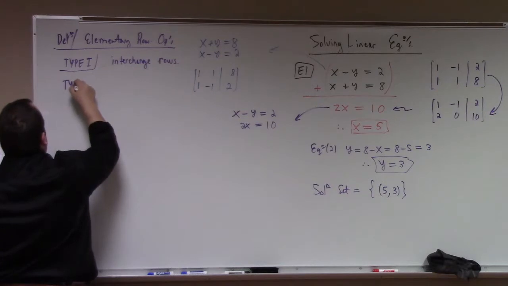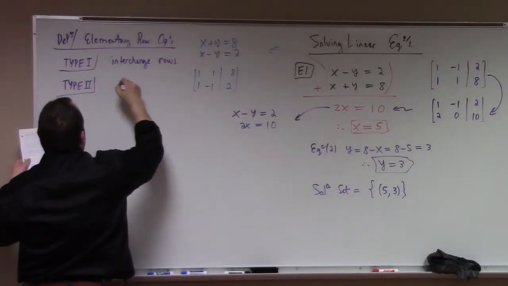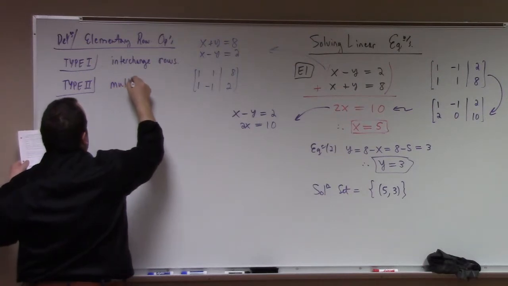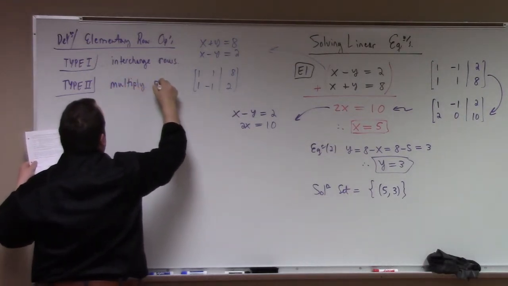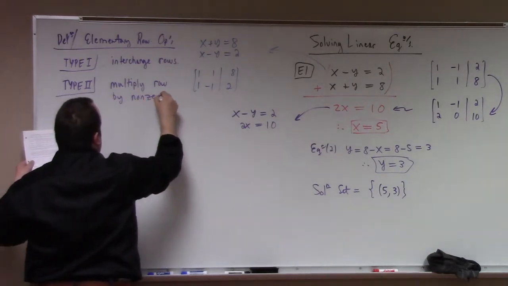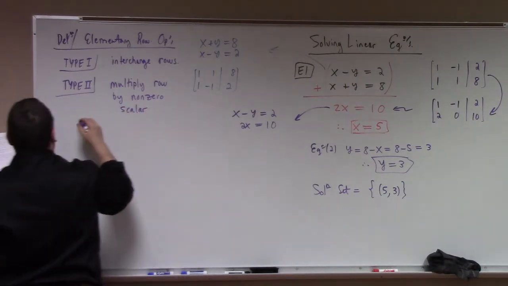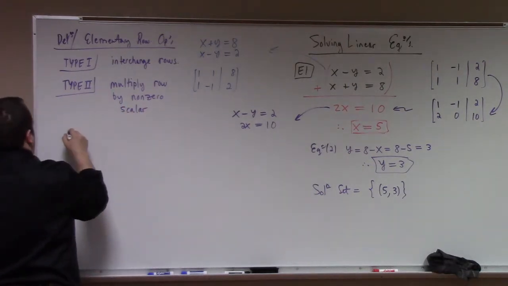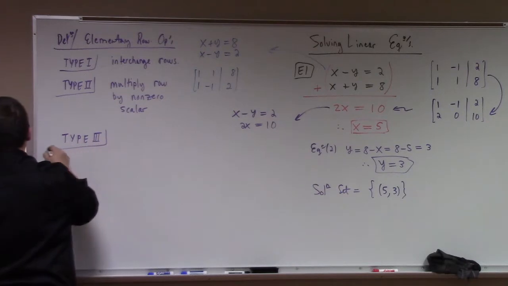Type 2 is to multiply a row by a non-zero scalar from your field, whatever field you're working over, be it reals or rationals or complex or a finite field, modular a prime.